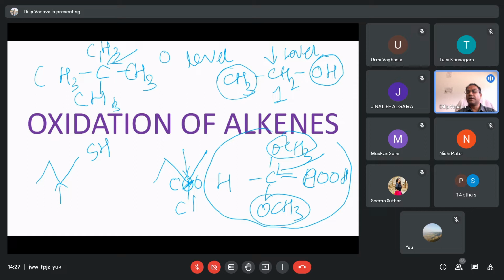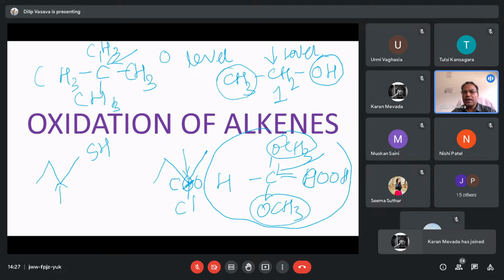It is level 3, because this is a functional group that is attached, then one more functional group, this is another functional group, and only one hydrogen atom is there. So we can say that it is level 3.